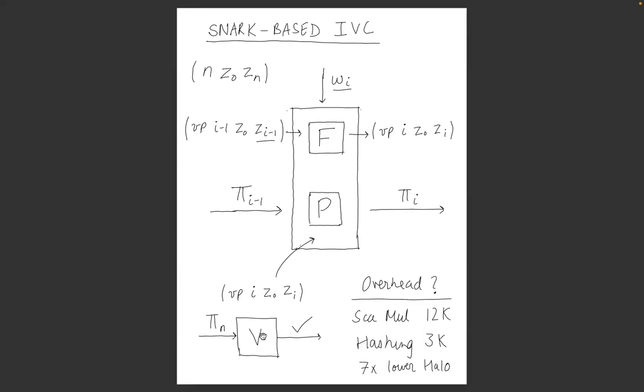Even once they put the verifier inside the IVC, they incur a lower cost than Halo, about 7 times lower. That's why Nova was so popular, and has been getting so much thought and discussion, because it reduces the computation cost and is also much faster.